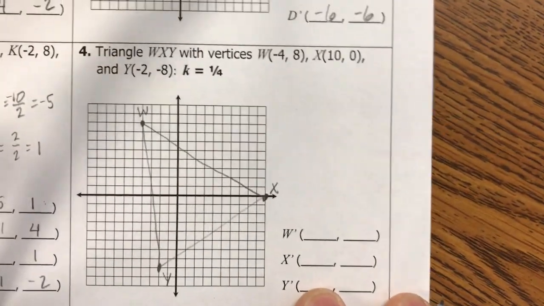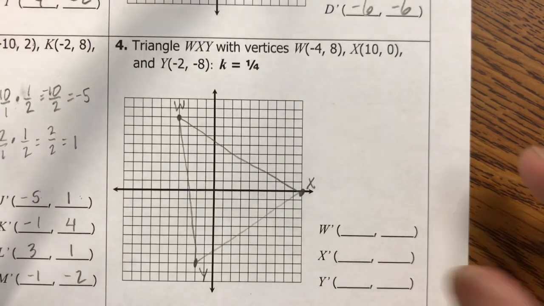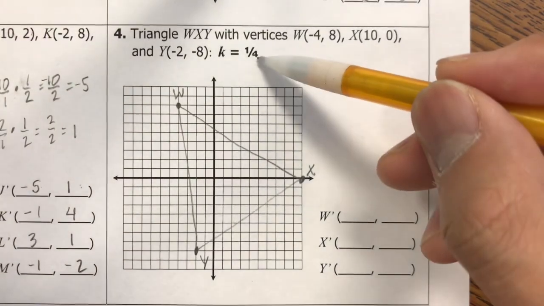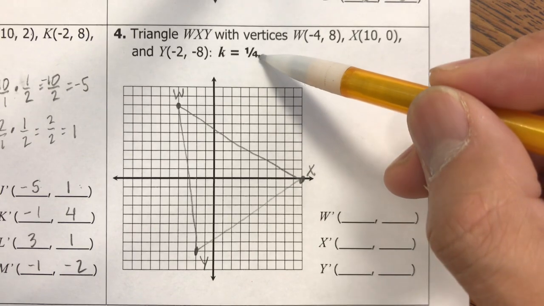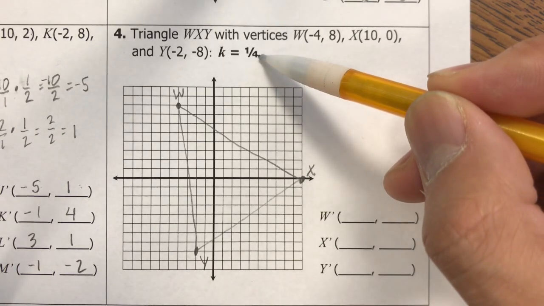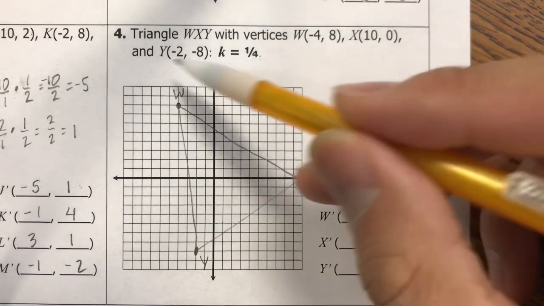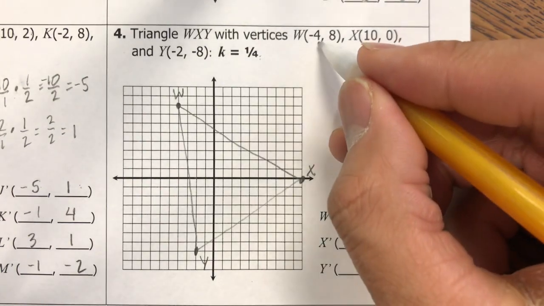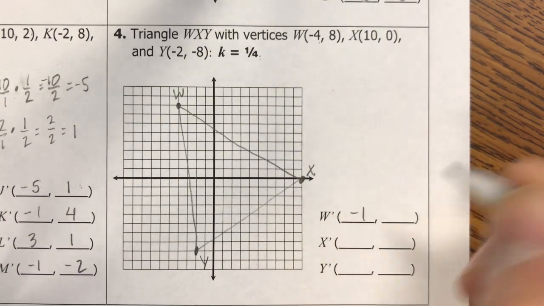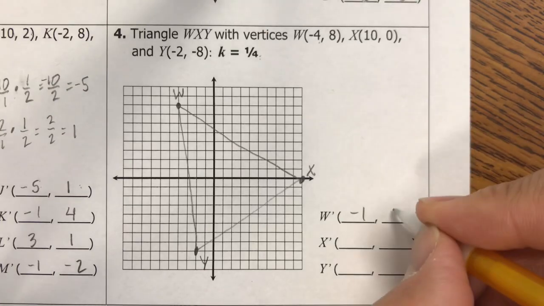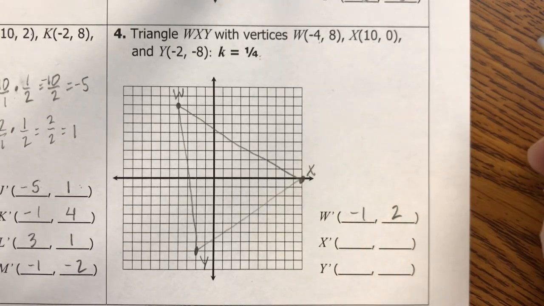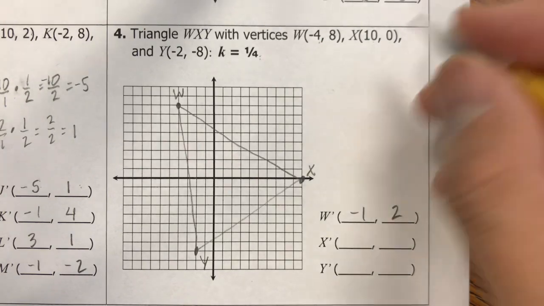And so if we look at number 4, again, I'm just going to do the math. And if you look, this time it's 1 over 4, or it's telling us to just divide by 4. So we're going to take each number and divide it by 4. And so negative 4 divided by 4 is a negative 1. 8 divided by 4 is 2. This one here is tricky because it's 10 divided by 4.